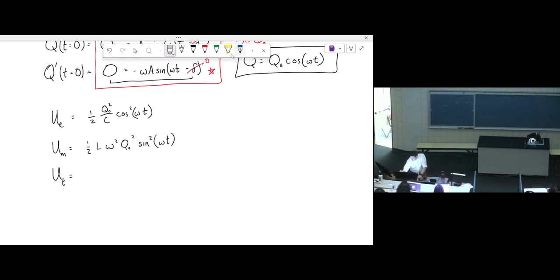Let's just do it this way. Lasso tool, Control C, cursor there, Control V. Plus 1/2 times L, omega squared, that's going to be 1 over LC squared times Q naught squared, sine squared omega t.